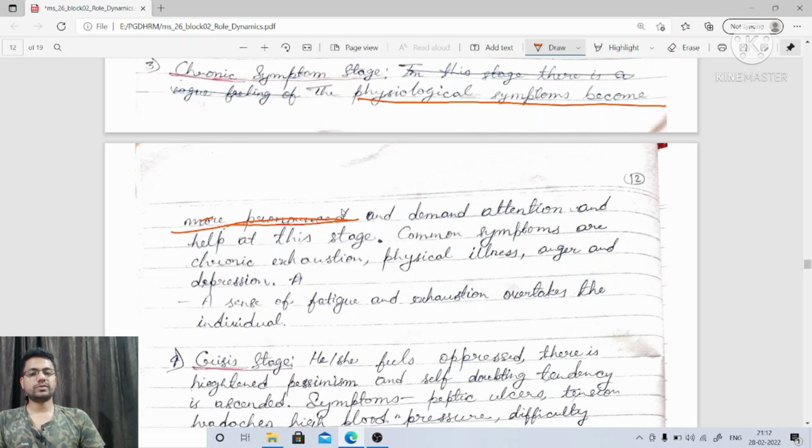So what are the common symptoms? The common symptoms are exhaustion, physical illness, anger, and depression. A sense of fatigue and exhaustion overtakes the individual.